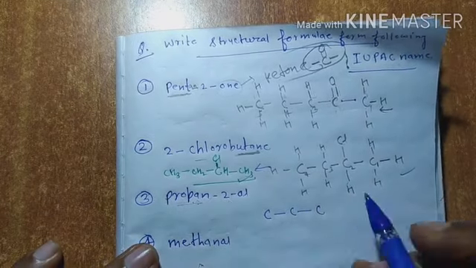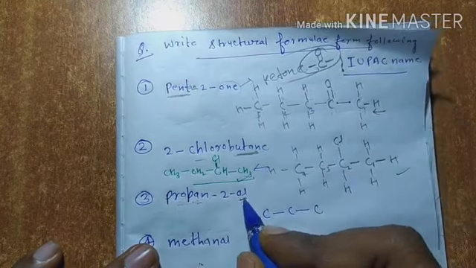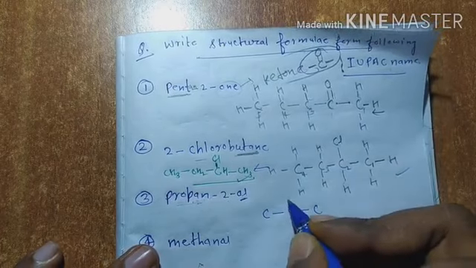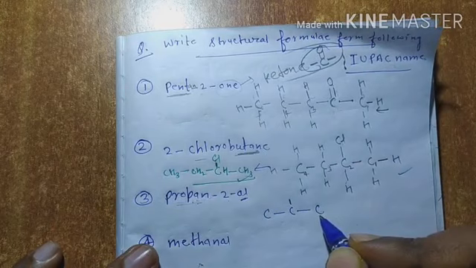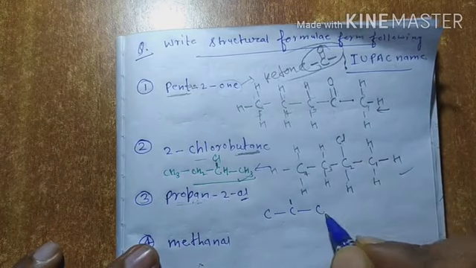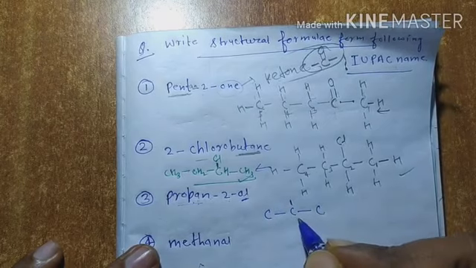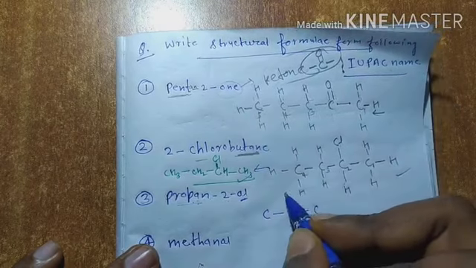2-ol, it means ol is for alcohol. You can give the number from right hand side to left hand side, or left to right, because this will get number 2. Alcohol, OH.